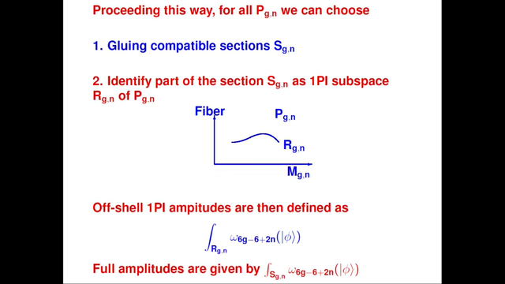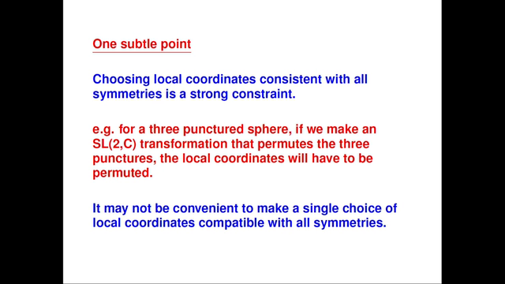So I just want to end by mentioning one subtle point, which is a useful trick to keep in mind. We have said that we have to choose the local coordinates to be consistent with all the symmetries.